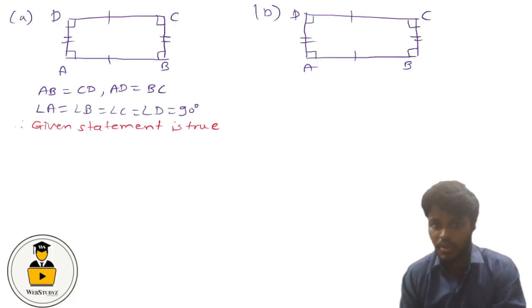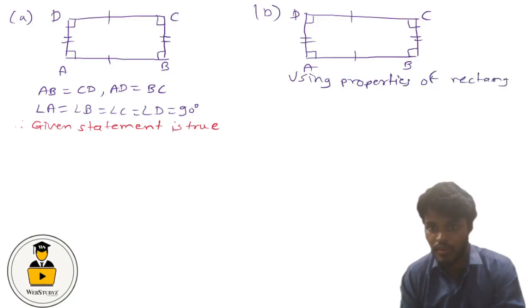Now using the properties of rectangle, we can say that the opposite side, that means AB will be equal to CD, and AD will be equal to BC.